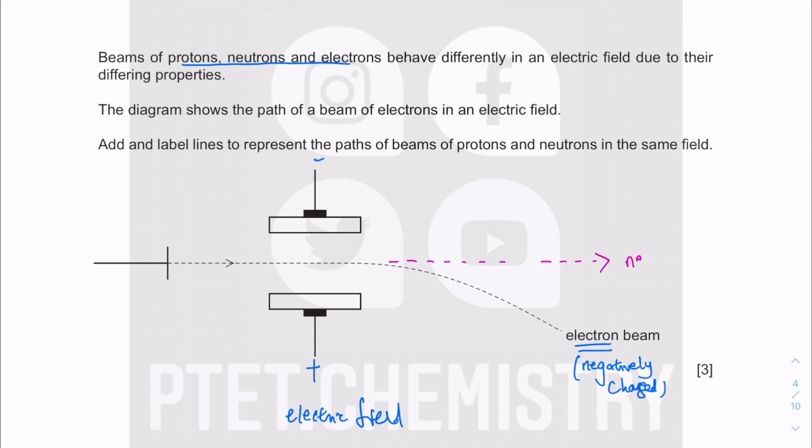the neutrons. The neutrons must be there because it is not deflected, meaning it just goes straight because it is not charged. So neutrons have zero charge, and therefore they are not deflected because they're not attracted towards positive or negative, they just pass straight through.